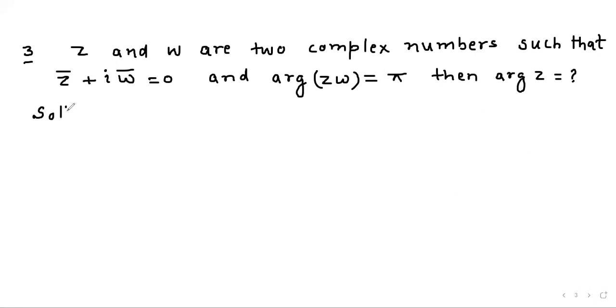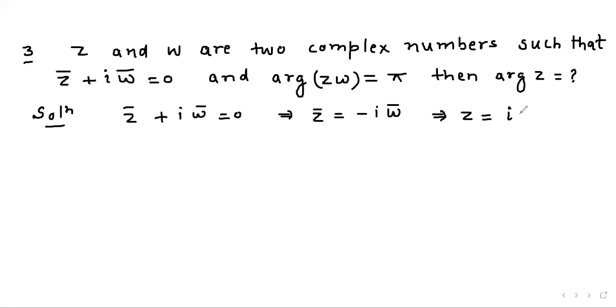We write z bar plus iota w bar equal to 0, or z bar equal to minus iota w bar, and we take complex conjugate, so it will become z, and complex conjugate of iota will be minus iota, so it will give iota w.